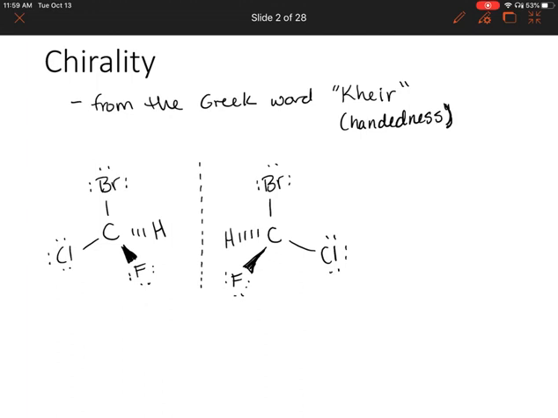Okay, so we have mirror images here. Now let's try to overlap the two molecules on top of each other. So let's move our bonds on the mirror image around. So we're going to move them counterclockwise.